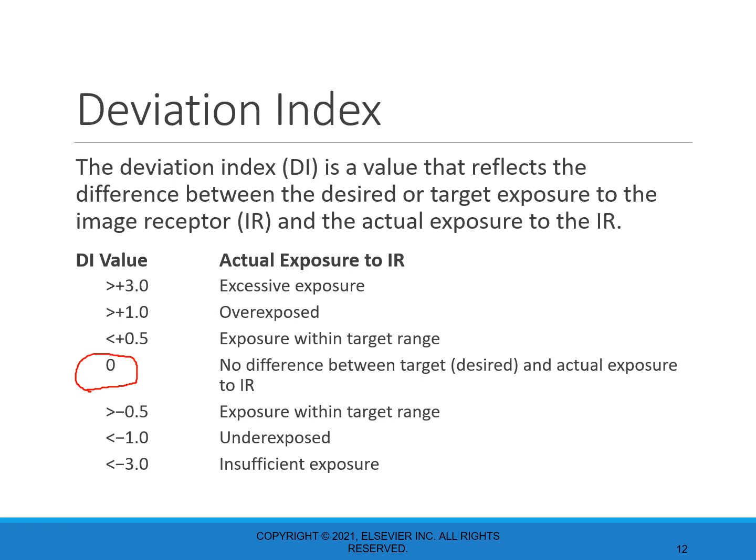If you're overexposed, you're going to get plus values. If you're underexposed, you're going to get minus values, demonstrating how far you are from the target. That's your deviation index, based off of the difference between your SAV or exposure index of your raw data versus the SAV or exposure index of the lookup table.